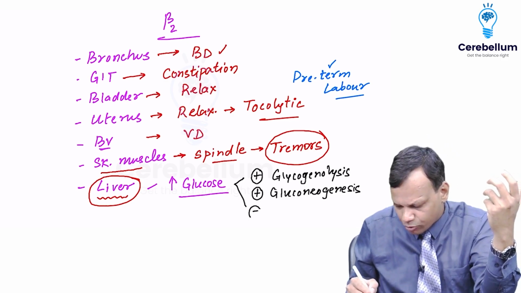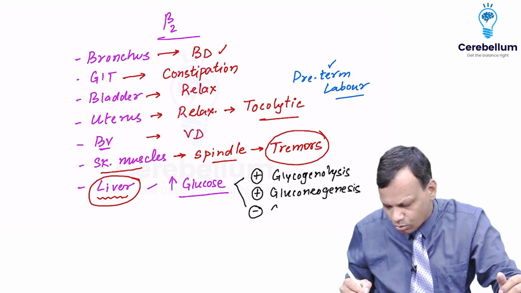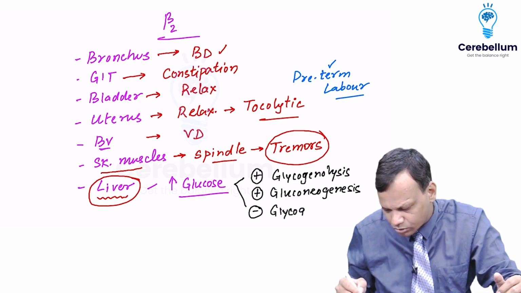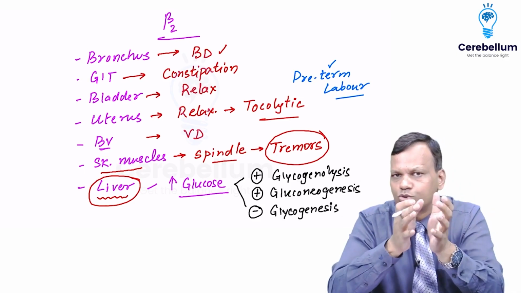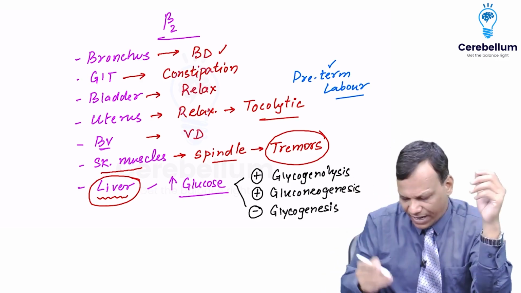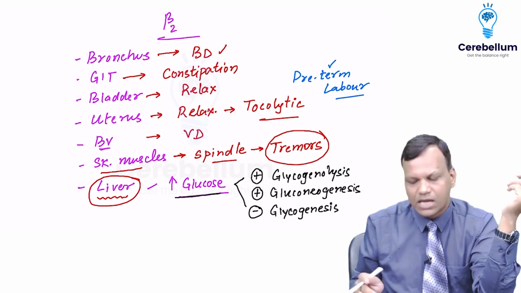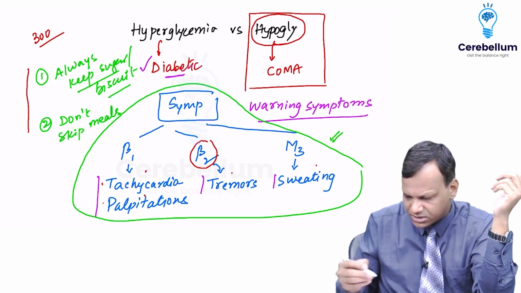And the process which consumes blood glucose will be inhibited. That means glucose cannot be converted to glycogen; glycogenesis is inhibited. So basically the processes which form sugar are stimulated and those which consume sugar are inhibited. The net effect is an increase in blood glucose, and when blood glucose is increased, hypoglycemia is reversed.